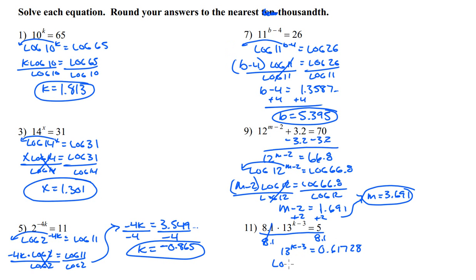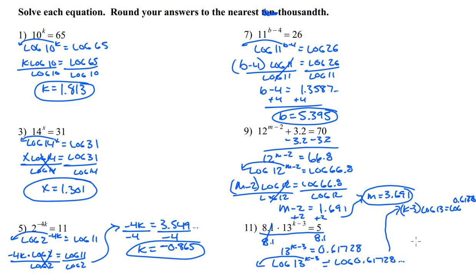So speaking of log, take the log of both sides. Log 13 to the k minus 3 equals log 0.61728. This k minus 3 is going to come out front, so we've got k minus 3 times log 13 equals log 0.61728.